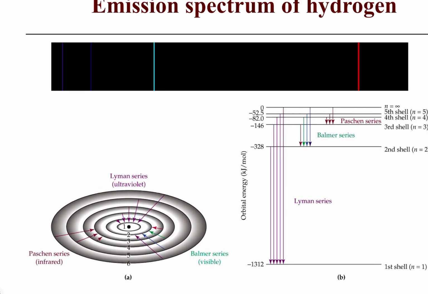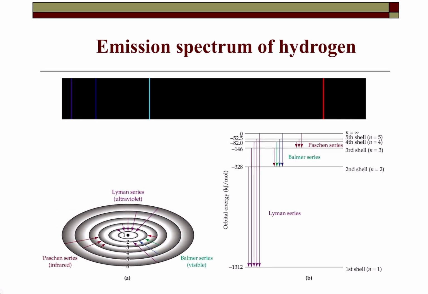For example, here is the emission spectrum of hydrogen. If you compare the levels here, we have several layers. The first shell is n=1, then the second shell, then the third and fourth shells, and the energy levels between them are different, each with its orbital energy.